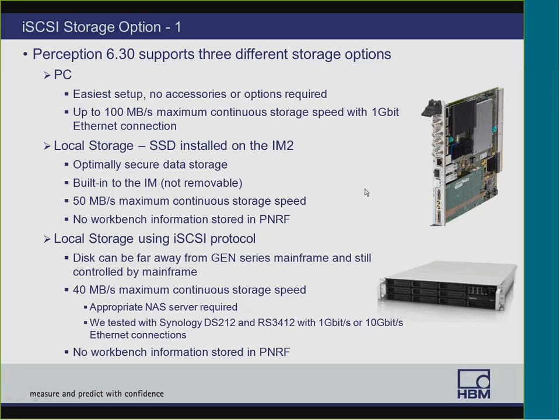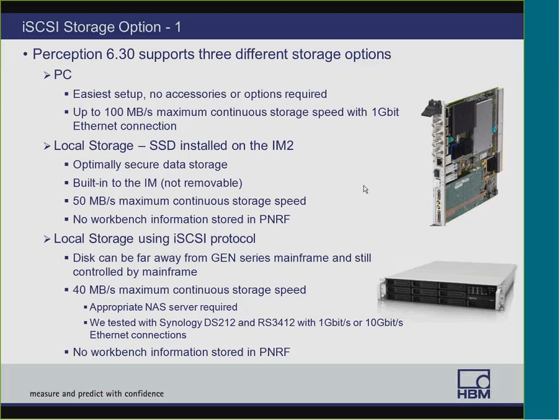That gives you local storage inside your Gen Series mainframe. You can get a continuous throughput rate of 50 megabits per second with that internal drive, with the caveat that when you store data locally rather than through your PC in Perception, you will not have Workbench or hardware setup information stored as part of the PNRF file.